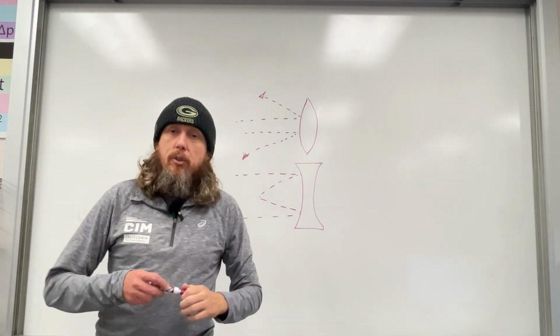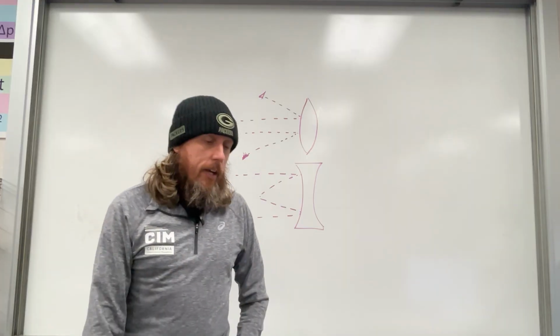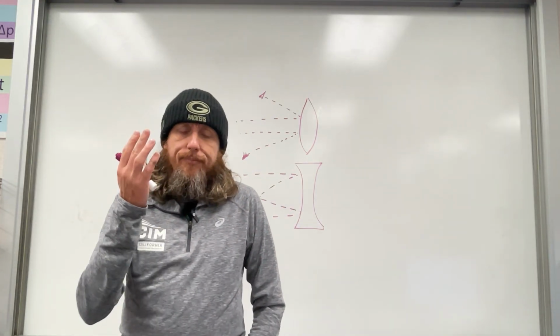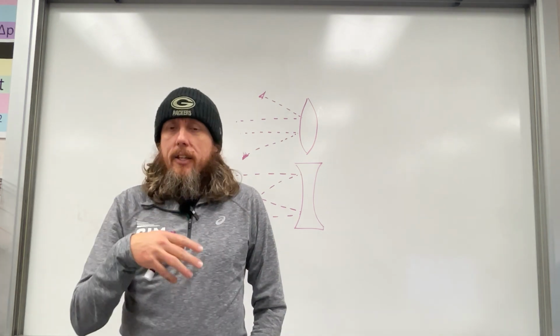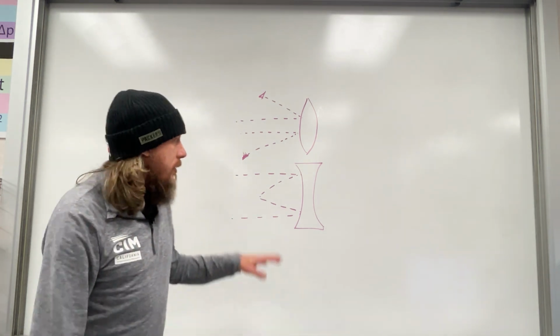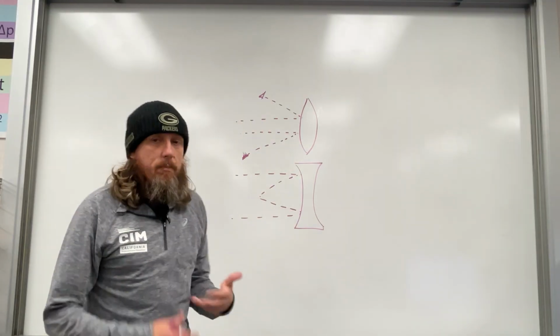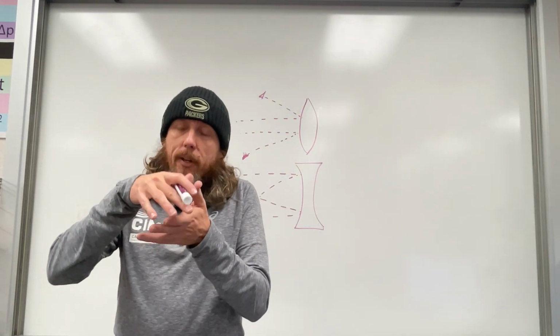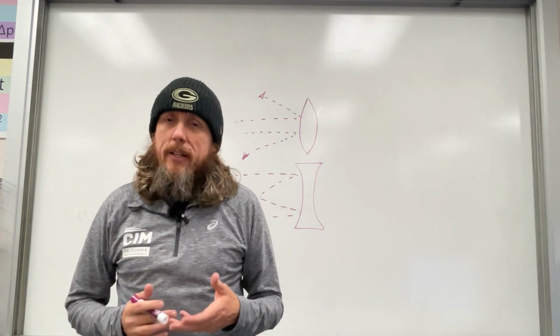So if you ever go to, say, the fair, and you see the fun house mirrors that make you look all weird, it's because they have concave and convex mirrors in there that are displacing how the light is coming off of it and making you look kind of funny.